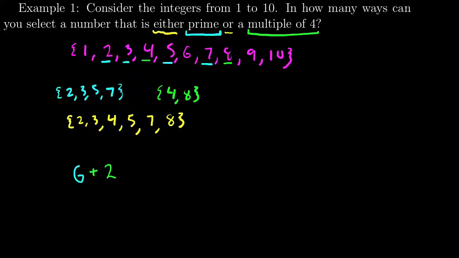I jumped ahead of myself there. And so the number of ways to get a prime or a multiple of 4 is 6 total elements. 2 is prime, 3 is prime, 4 is a multiple of 4, 5 is prime, 7 is prime, 8 is a multiple of 4. So this is a case where we would add.